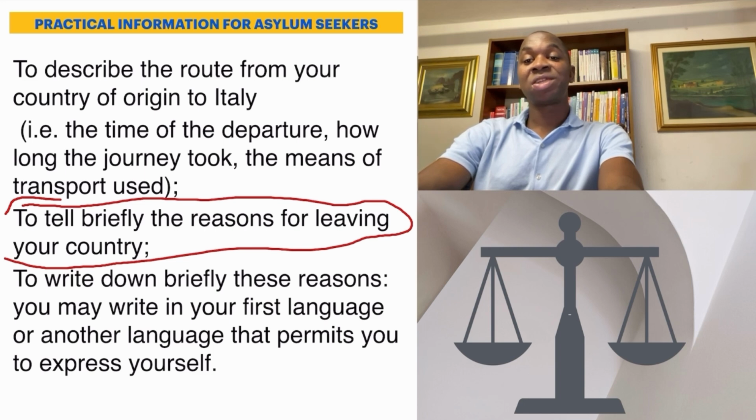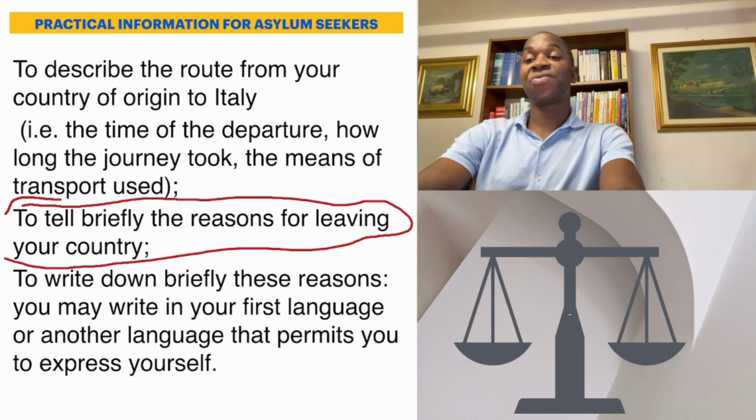You may write in your first language or another language that permits you to express yourself. Like I said before, language is not a barrier. If you can't understand their language, or you can't express yourself in the language they want you to speak, please always let them know, tell them that you can't understand the language they ask you to speak, and you will be asked which language you want to use.